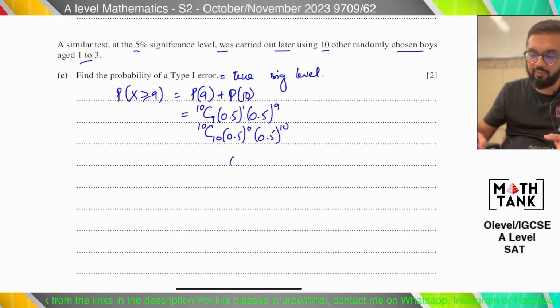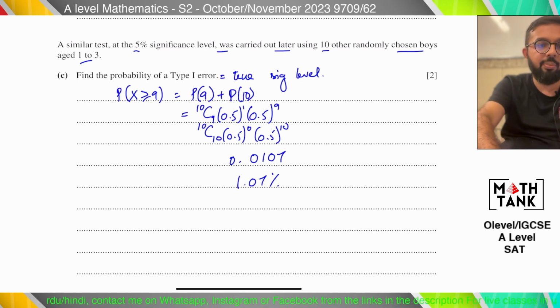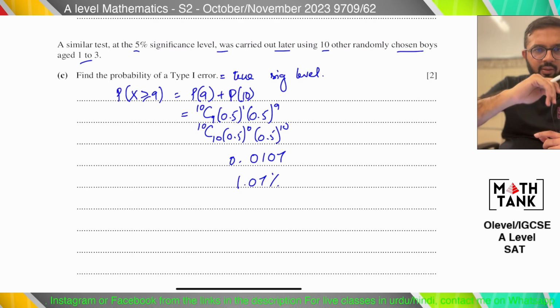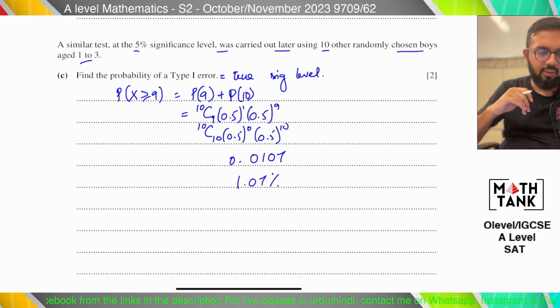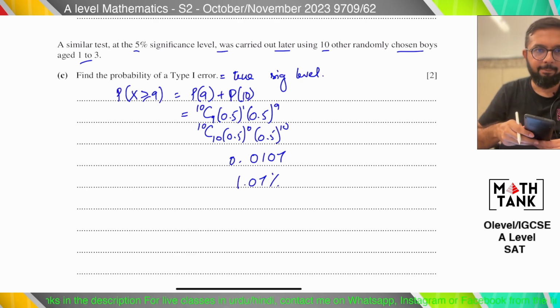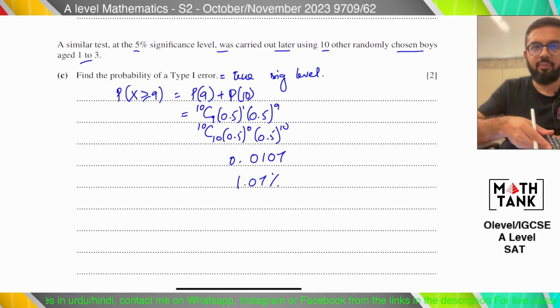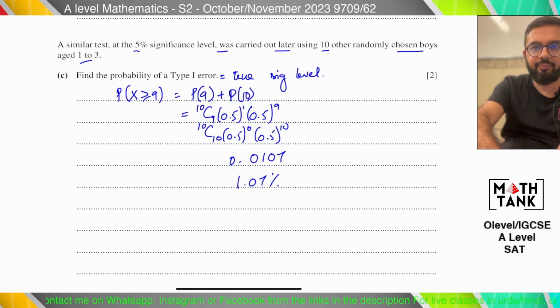So this is coming out as 0.0107. That's 1.07%. That's the probability of a type 1 error in this case. So that's the correct answer.